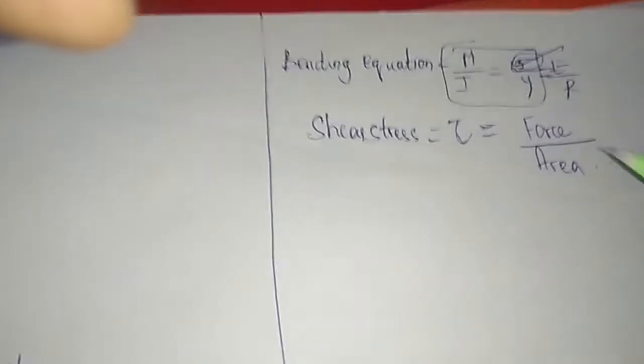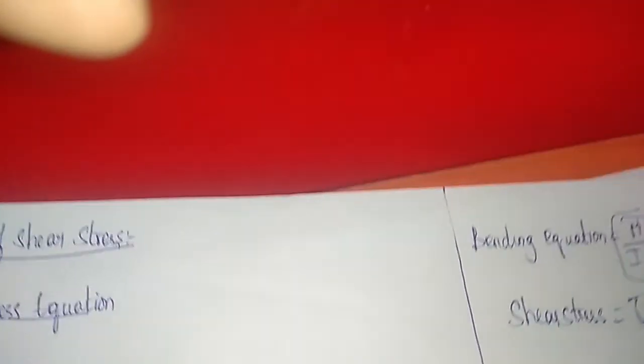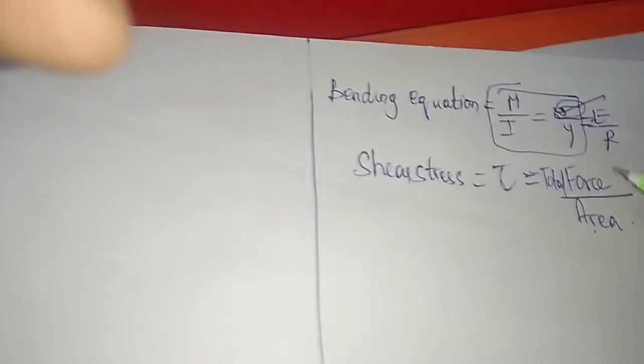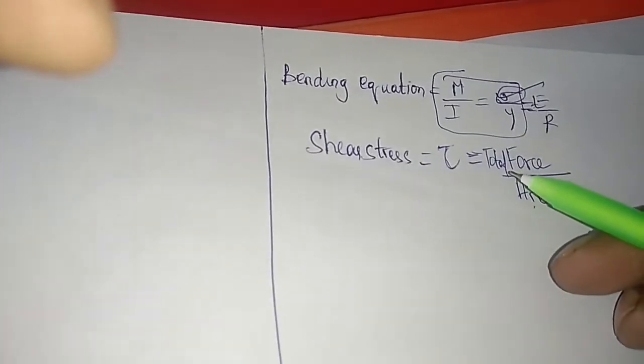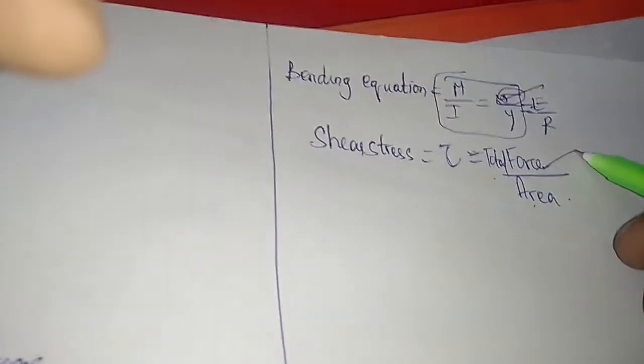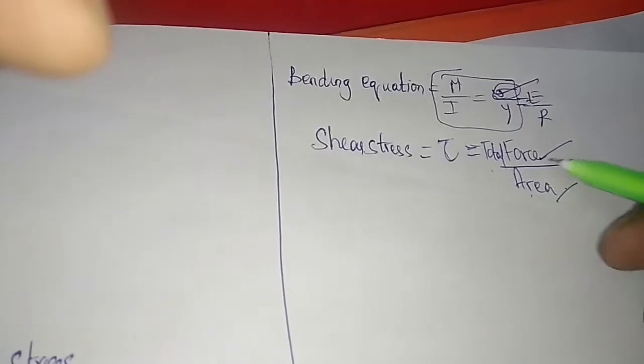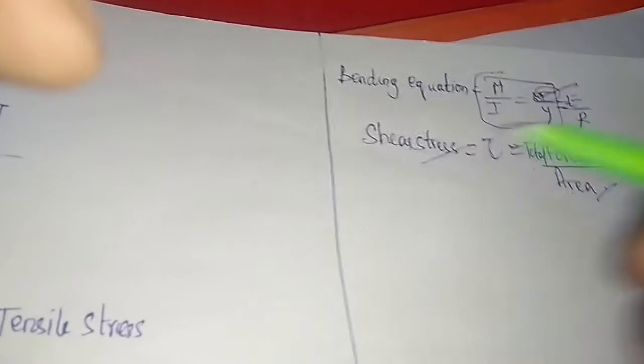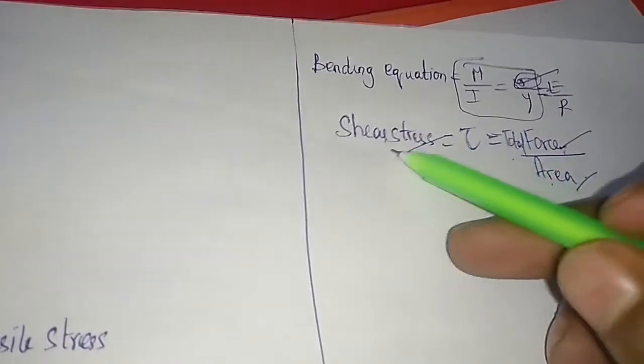So we have to find the total force acting on a particular beam, and the area. If you divide the total force by area, you will get the shear stress. So that is how you will get the shear stress equation.